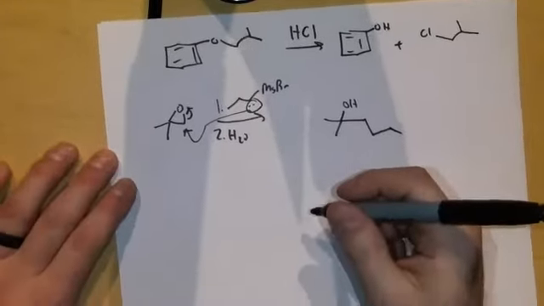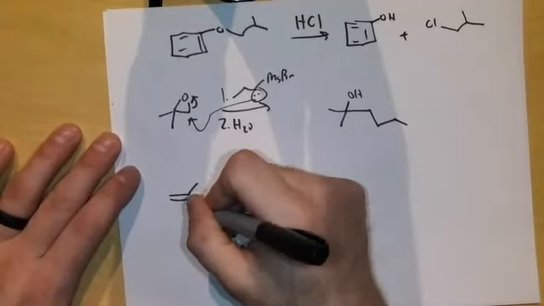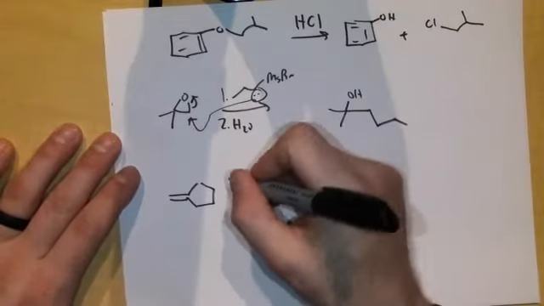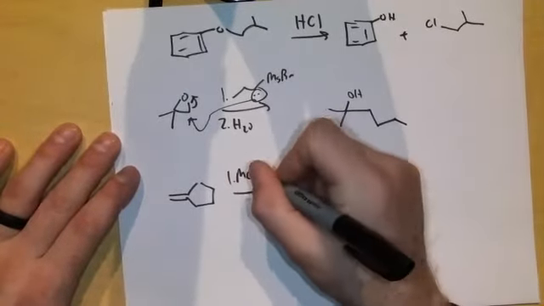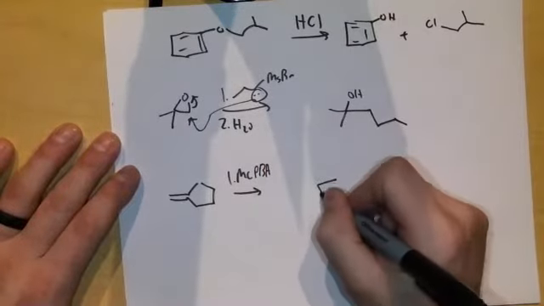We've got another one where we are forming the epoxide and then opening it. So MCPBA gives us our epoxide.